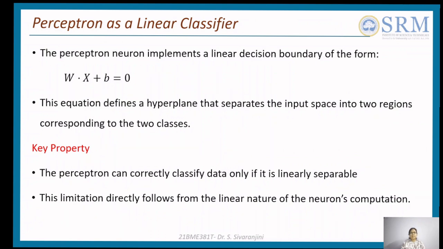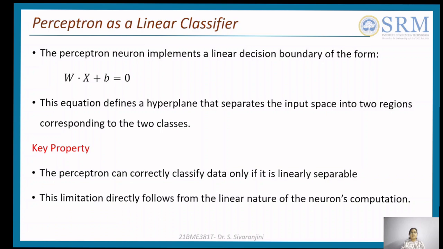As I told you already, the perceptron neuron implements a linear decision boundary of the form w into x plus b equal to 0. b is the bias term, w are the weights, and x are the inputs. w into x is the weighted sum, which means each and every input is multiplied with each and every weight, and then it is summed up as a total.